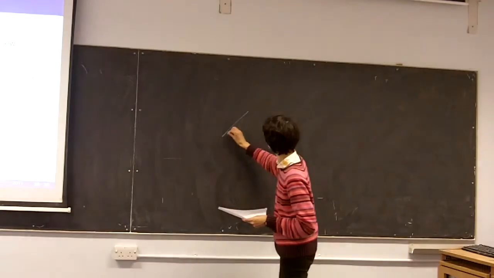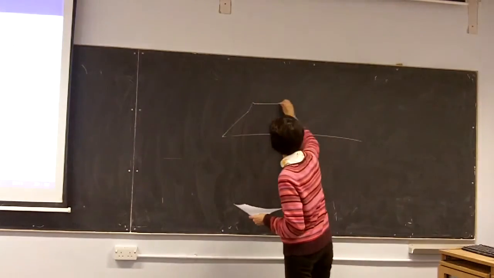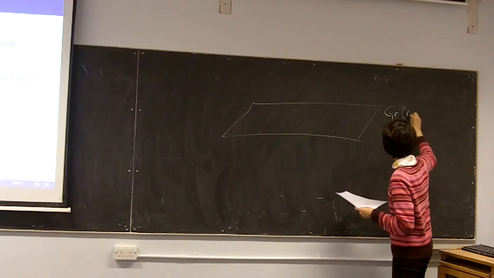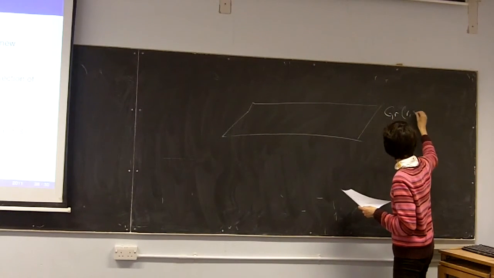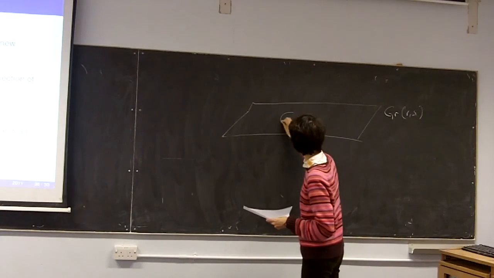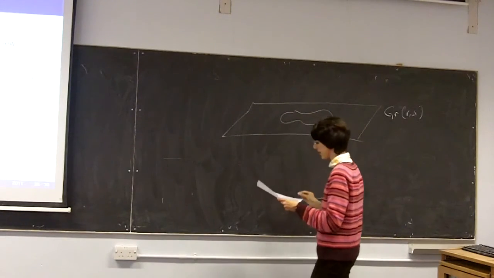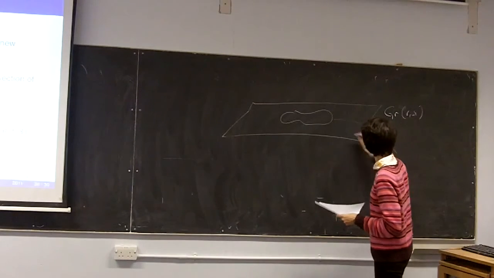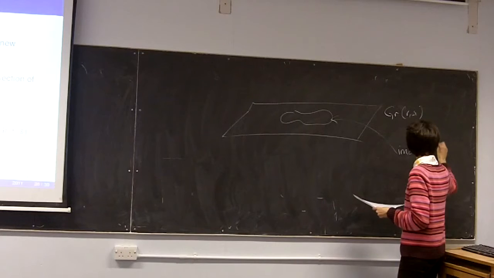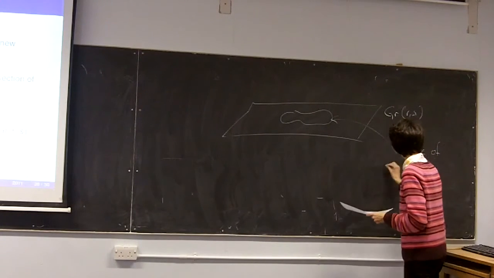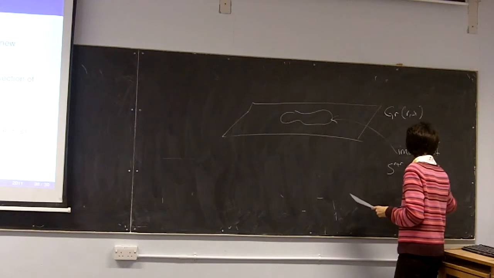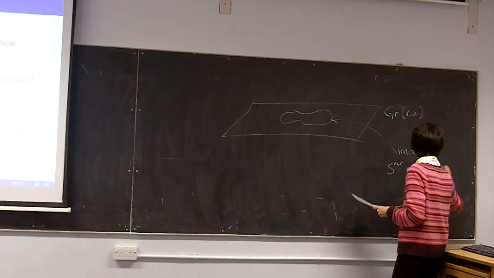So suppose this is one of the planes of the Grassmann manifold, and we let this thing here be an image of our sphere near the Grassmann manifold.